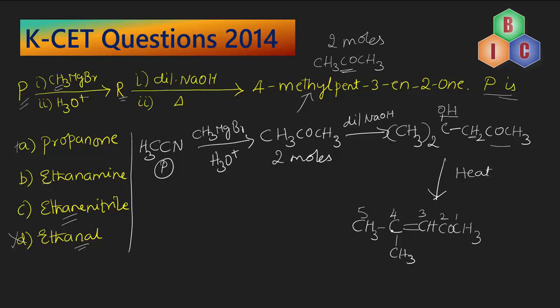So you got that for the fourth carbon there is a methyl, 4-methyl, 5 carbon atoms, so pent. Between third and fourth there is a double bond, so pent-3-ene, and then the second carbon is a ketone carbon. So therefore 4-methyl pent-3-en-2-one. Hope you got this. This is more of your practice. You can directly arrive at the answer.